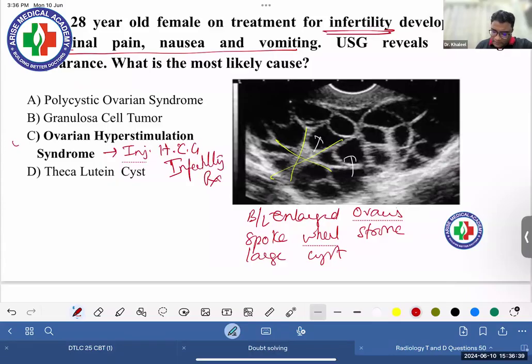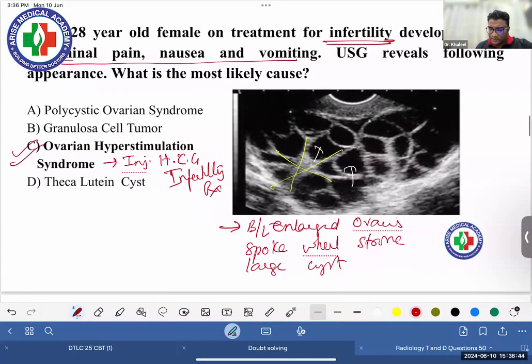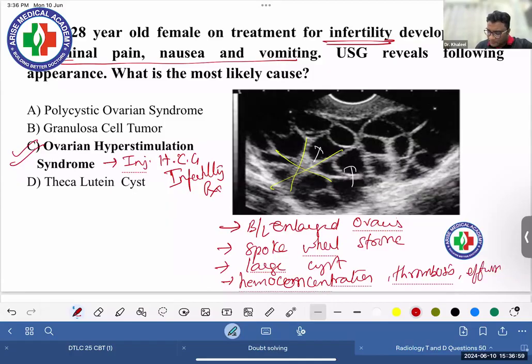This is OHSS, right? Ovarian hyperstimulation syndrome. So bilaterally enlarged ovaries, spoke wheel-like stroma, large cysts. Remember, there will be hemoconcentration. There are capillary leak, hemoconcentration and thrombosis, effusions. All of this can occur with ovarian hyperstimulation syndrome.